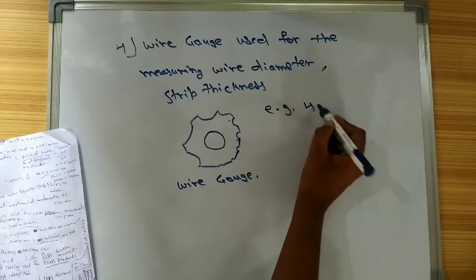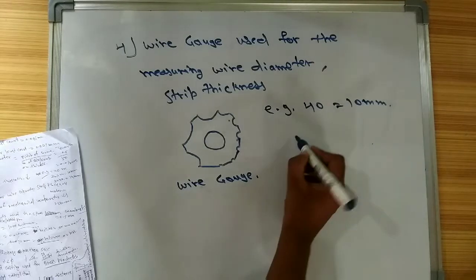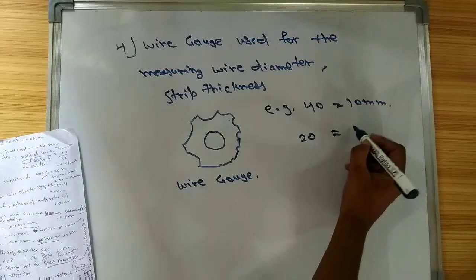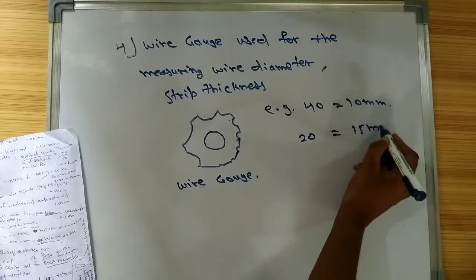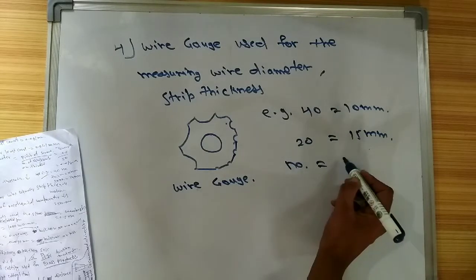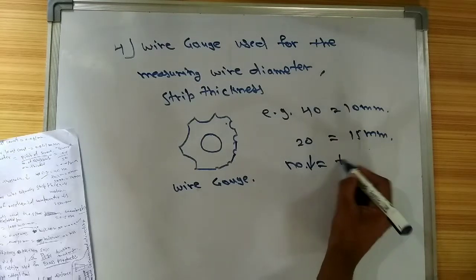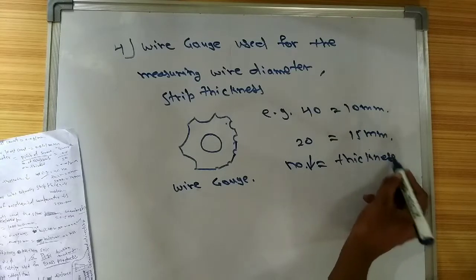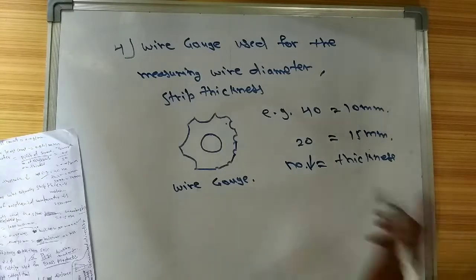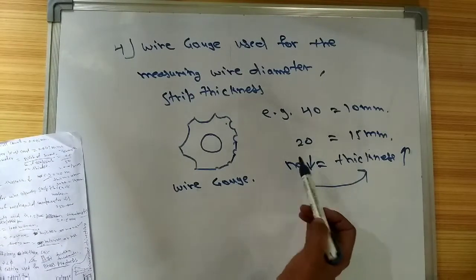For example, when the wire gauge number is 40, the thickness is assumed to be 10 mm, and when the number is 20, the thickness is assumed to be 15 mm. The wire gauge number is inversely related: when the wire gauge number decreases, the thickness increases. It is reciprocal.